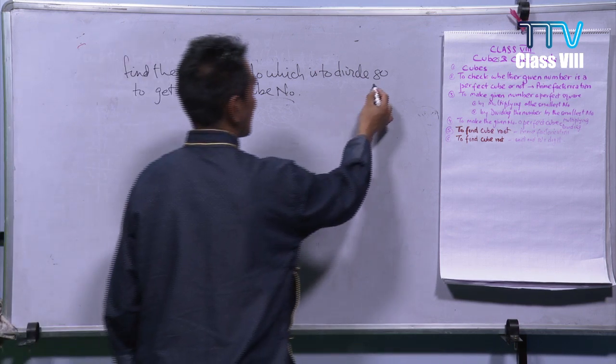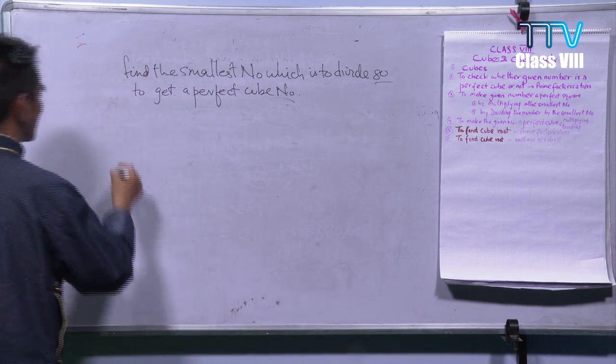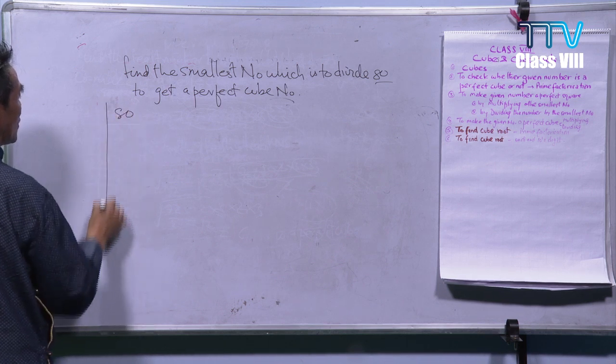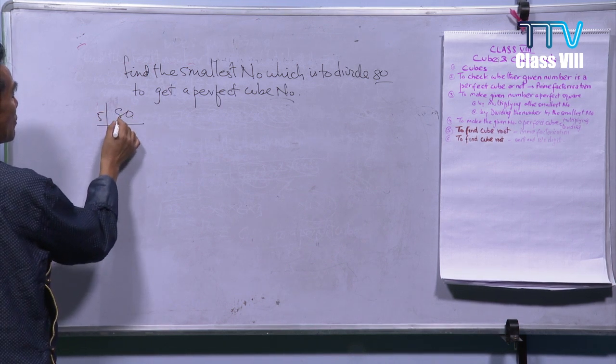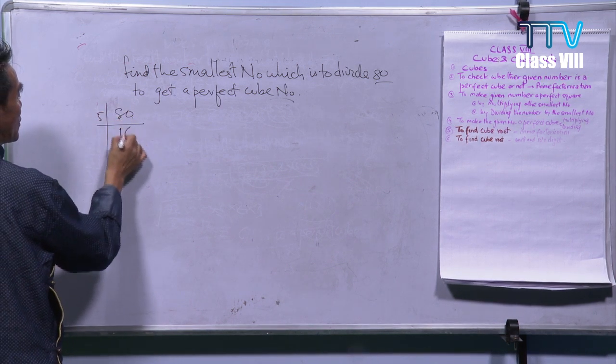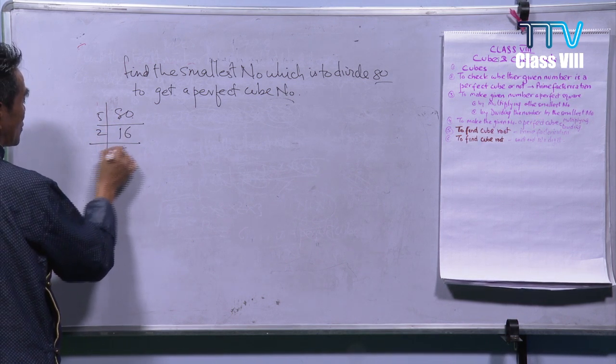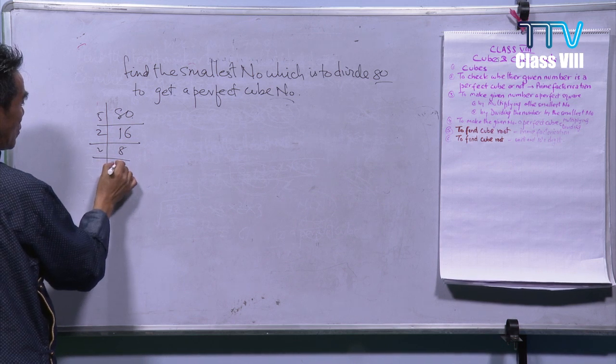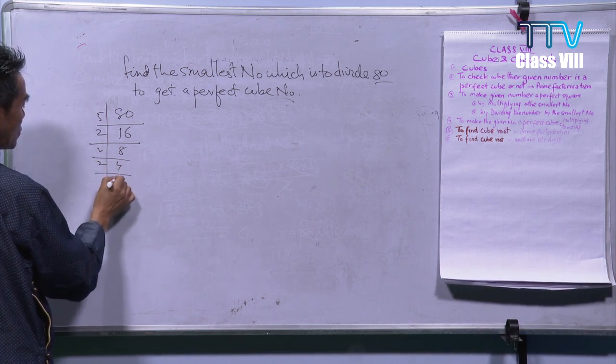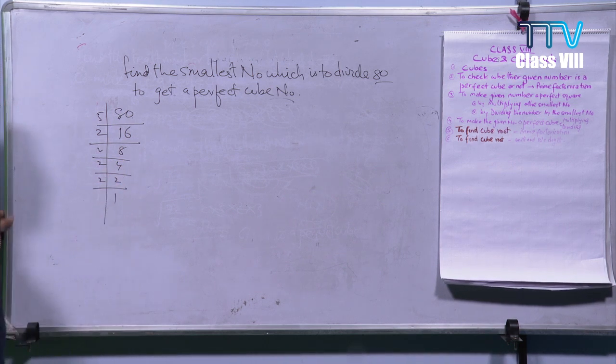That is 80's prime factors. 80 divided by 5 is 16, 16 divided by 2 is 8, then 4, then 2, and 1.